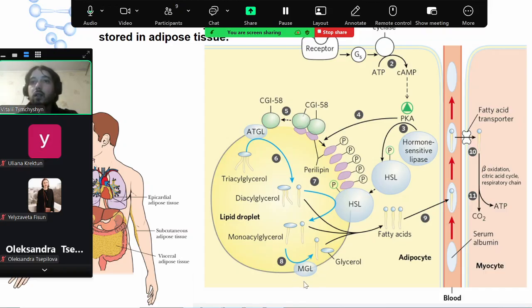Here is MGL that deals with the monoacylglycerols, and it splits glycerol and fatty acid. Then these fatty acids can be transported into the bloodstream, and get to the tissues that need energy right now.